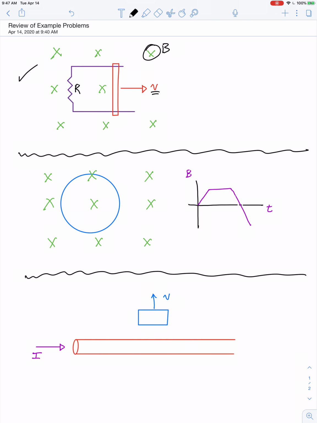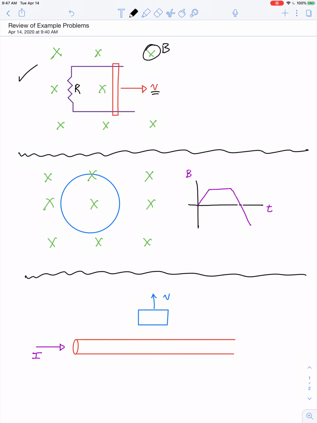So maybe the easiest way to answer this one is to figure out in what way would induced current satisfy Lenz's law, or in other words, would a clockwise current oppose the change in flux that induced that current in the first place, or would a counterclockwise current be required to oppose the change in flux?